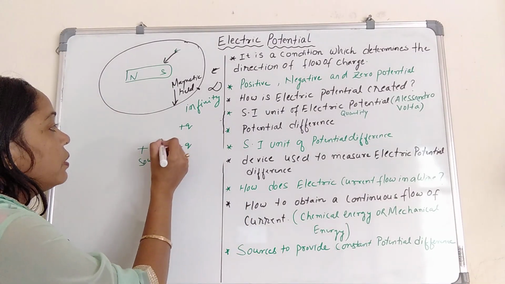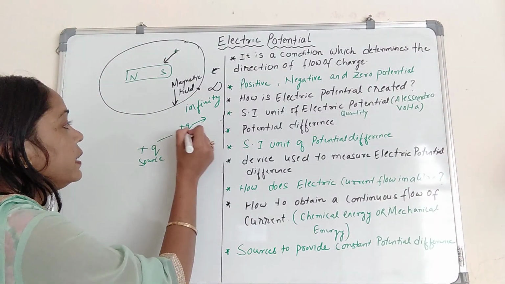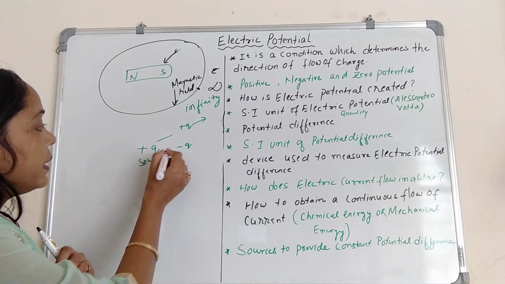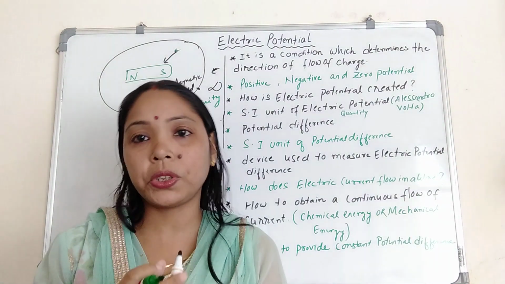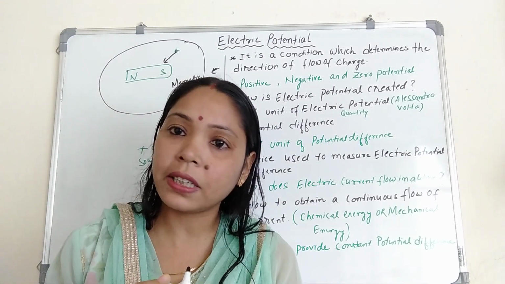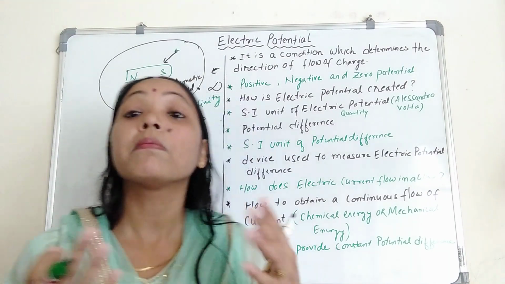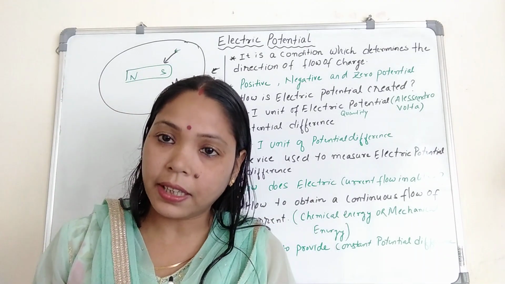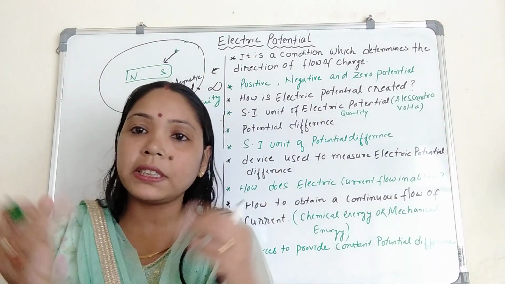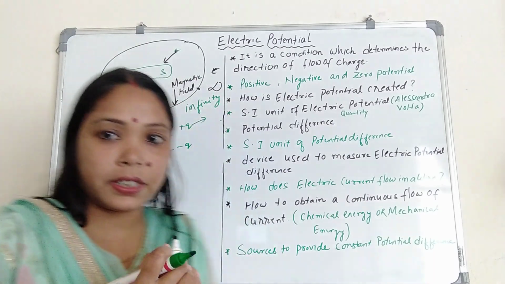This source charge will repel this positive charge, and this negative charge is attracted by the source charge. Again the reason is the same, because same charges repel each other, opposite charges attract each other.